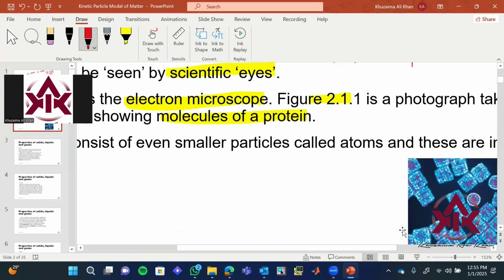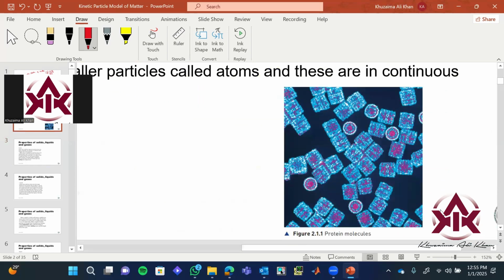Obviously you cannot see it by naked eye; it has to be observed under a microscope.